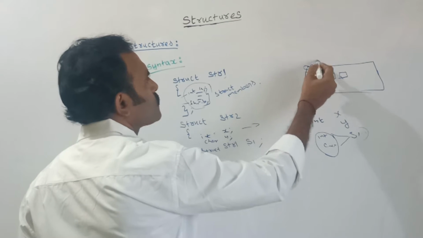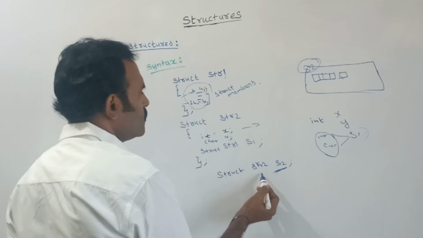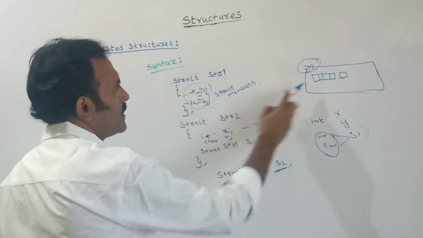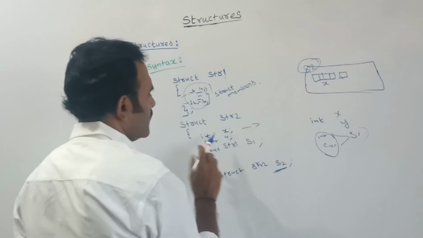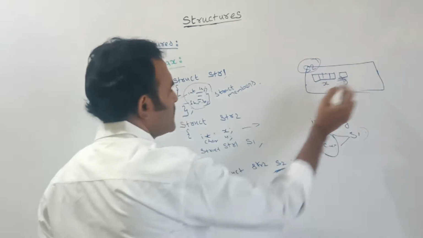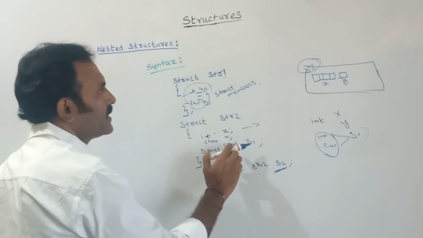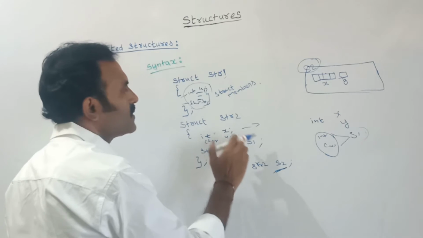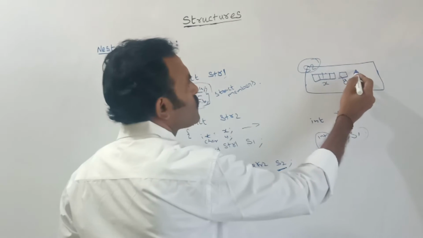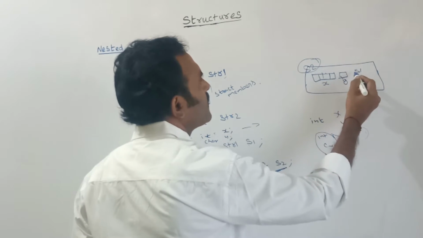In S2, one integer data type, that is X, then a character data type of a single byte for Y. Next, the user defined data type, where I created another structure variable, that is S1.